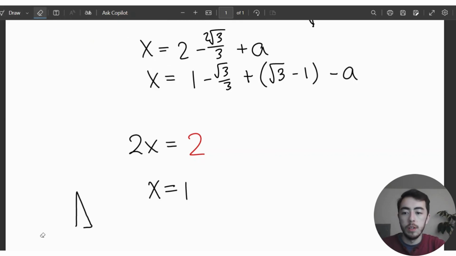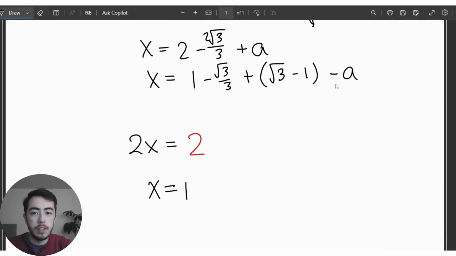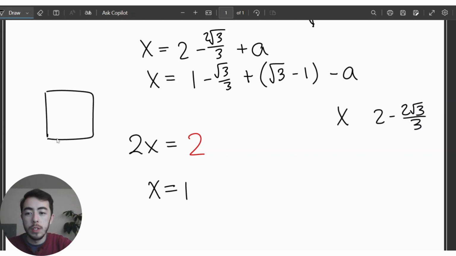So let's try it. Looking at the first equation, if a is 0, well, I just get my answer. Maybe x could be 2 minus 2 root 3 over 3. Now, I guess it can't be equal to it because I do need the teeniest, tiniest little triangle down there. So I know that x is greater than this value, but it could be right up next to it. It just can't be equal.